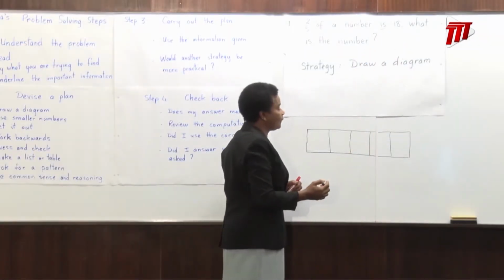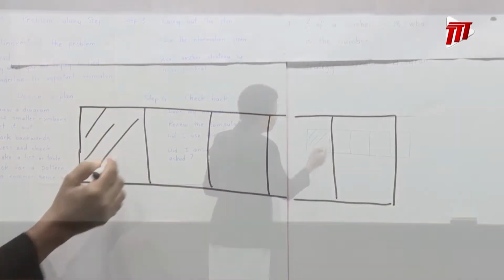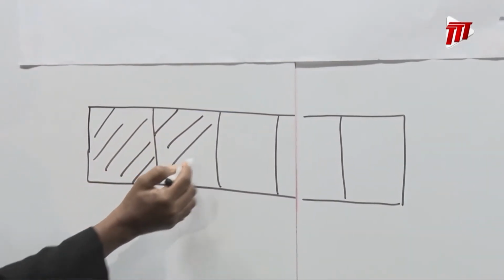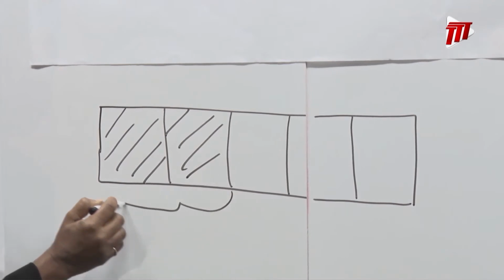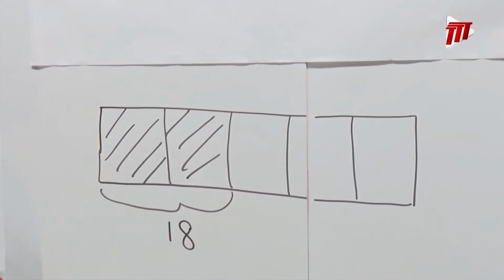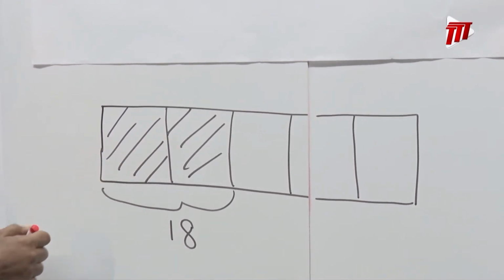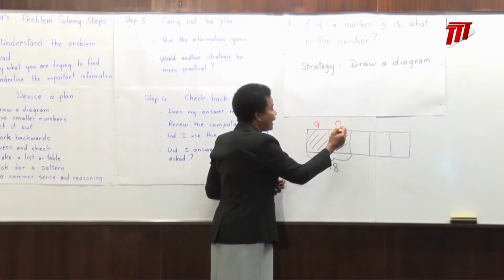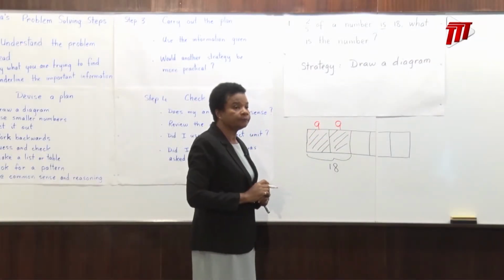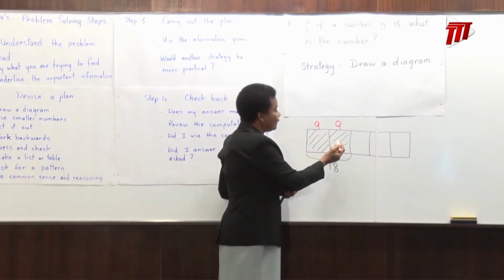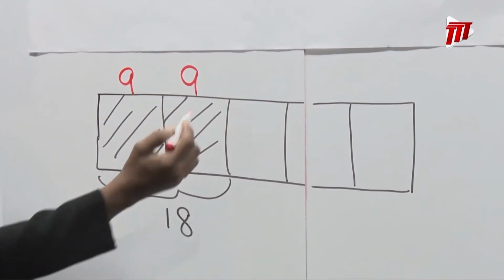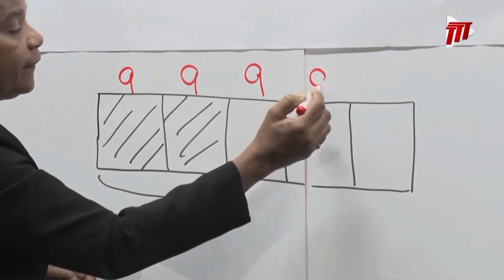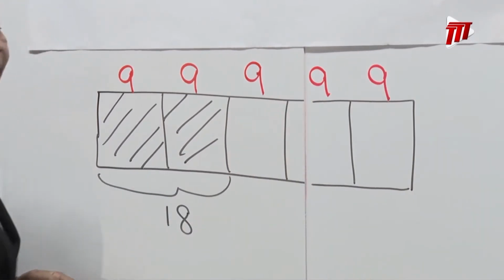So that tells us 1/5 and 2/5 would make up 18. What can you figure out from this? If 2 of them make 18, then 1 would be 9. Not so? And if each one is 9, we can conclude that each of the other pieces will also be 9.